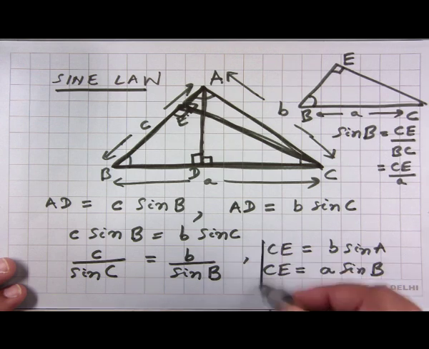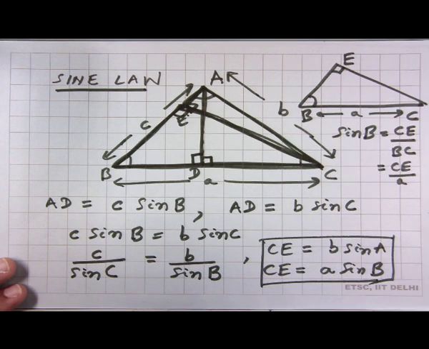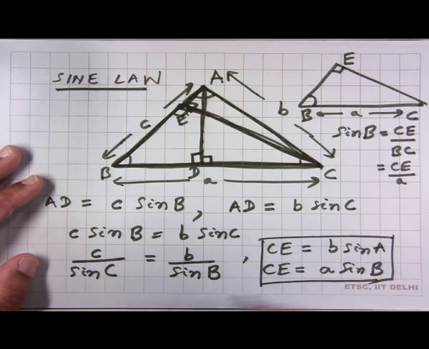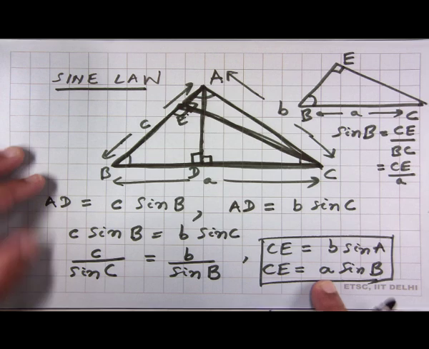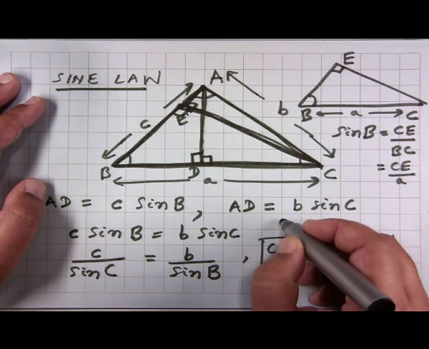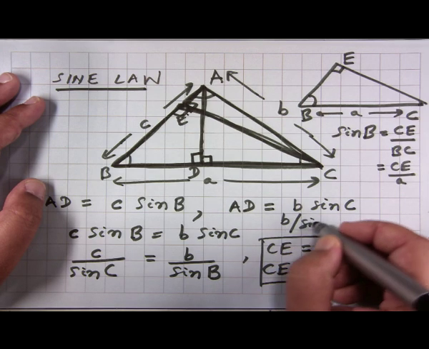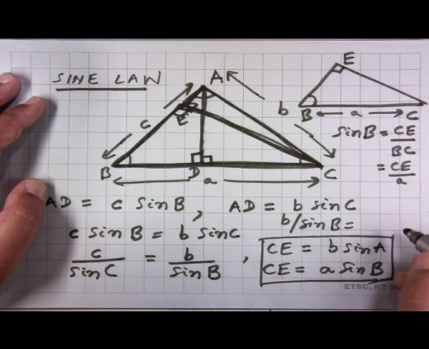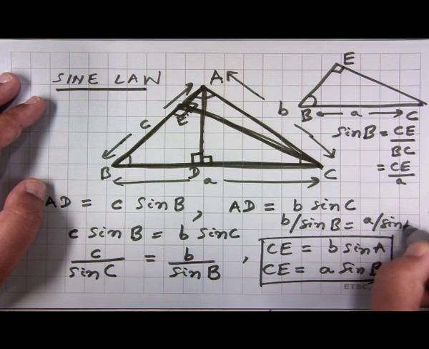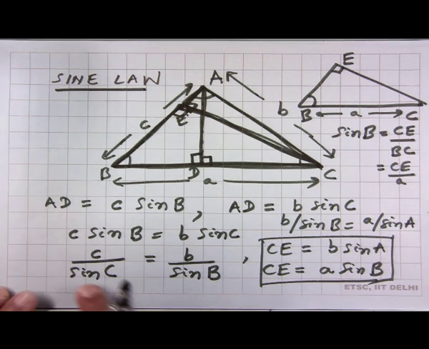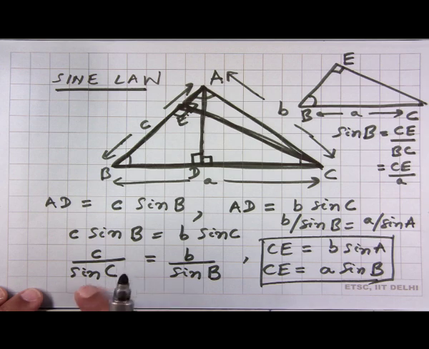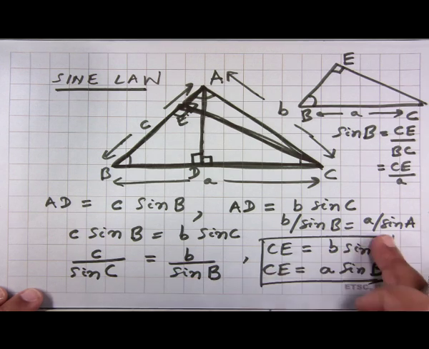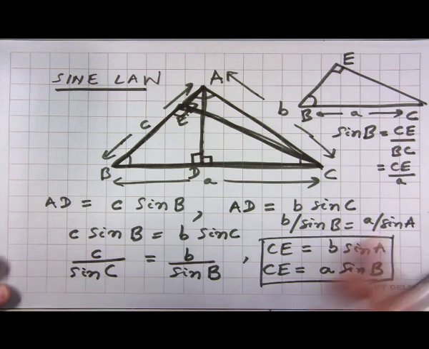From these two sets of equations, it will follow that B divided by sine B is equal to A divided by sine A. But when we compare this and this, eventually we see that C over sine C, B over sine B and A over sine A are all equal.